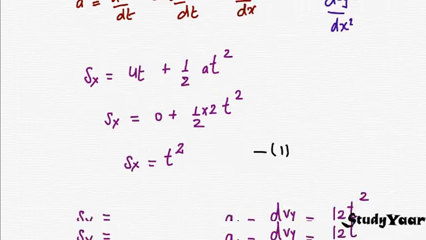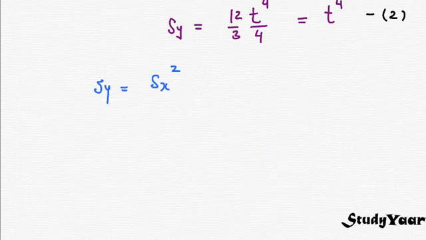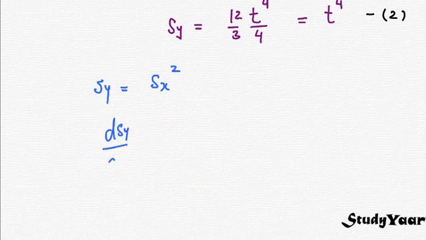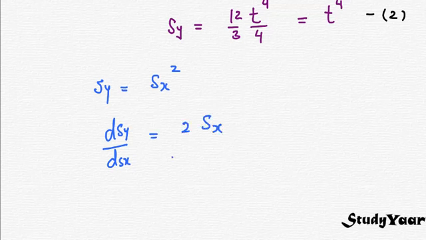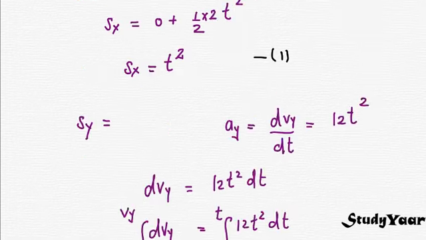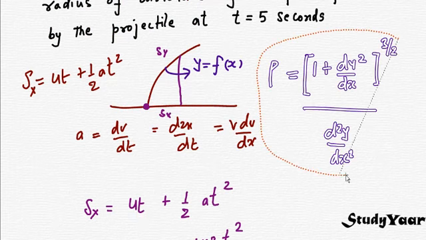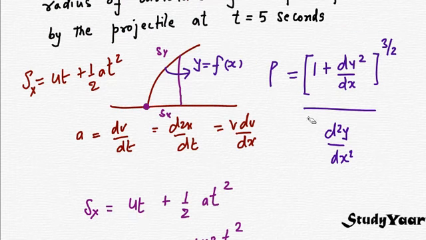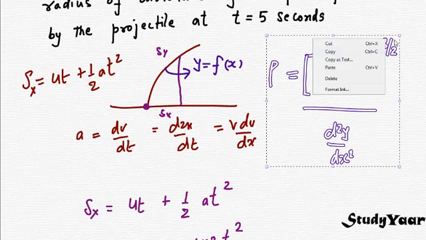Okay, so let us see what dsy by dsx is. It is equal to 2sx. And what is d square sy by dsx square? It is equal to 2. So my rho is given by this formula, I'm just going to copy it and paste it down.